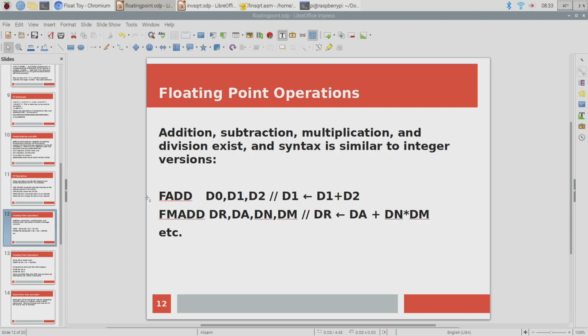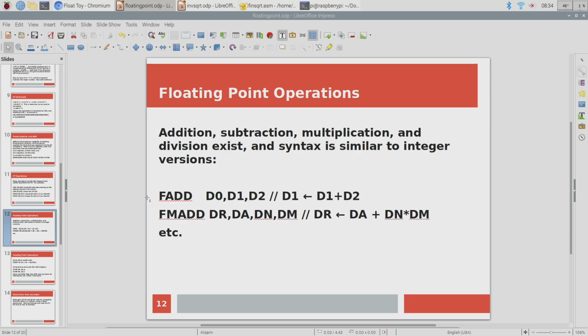Pretty much any of the operations that you had in integer land, you also have in floating point land, just throw an F at the front of them, okay? So in particular, you can do addition, you can do fused multiply and add, and these can either be with D or S registers. It all works pretty much identically to the integer side, except it's using the floating point versions instead, right?